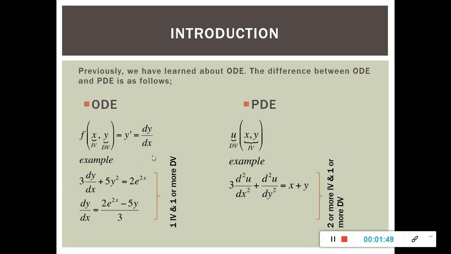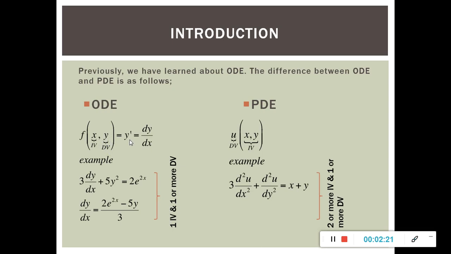We can look at the equation itself. Normally for an ordinary differential equation, you will have a function of f(x). In an ordinary differential equation, you usually have one independent variable, which refers to the x value, and you can have one or more dependent variables, depending on the axis. You can have y and z and so on as dependent variables.